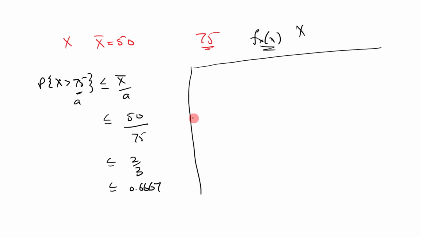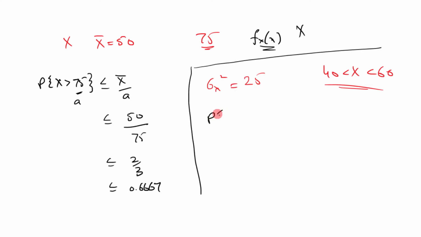Now let's suppose if the variance of a week production is known to equal 25, then what can be said about the probability that this week's production will be between 40 to 60? In other words, we are interested in this probability. Now let us calculate this probability.